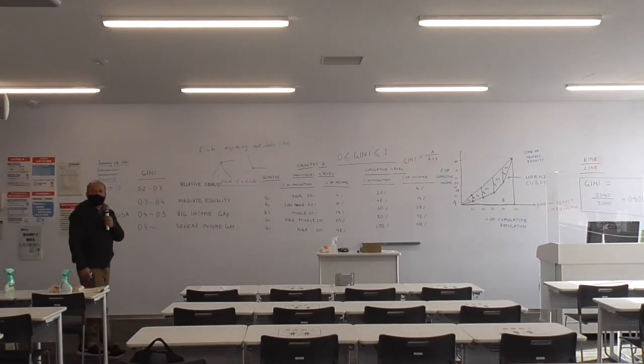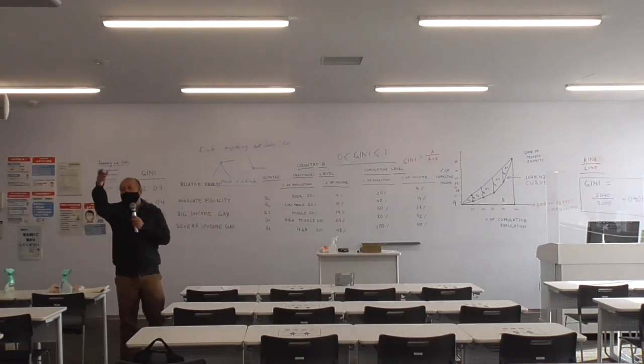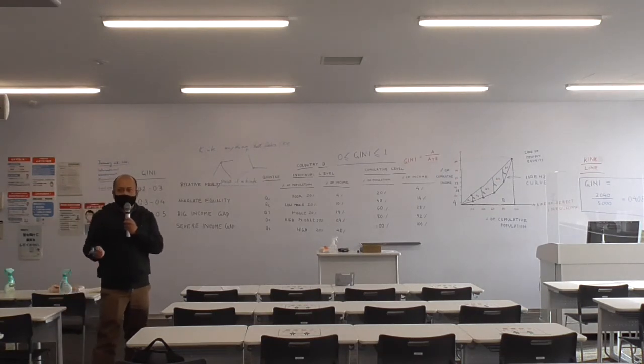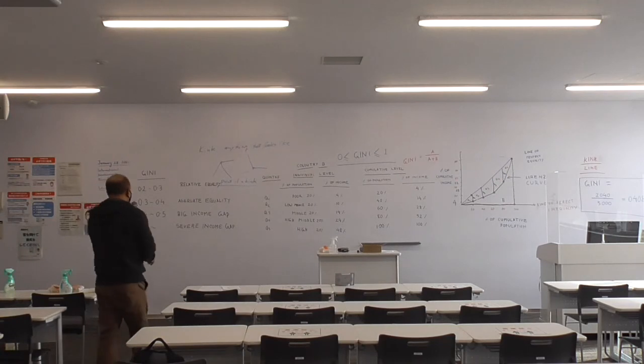And the person in the last row, can you tell me the Gini coefficient of China? Searching on the mobile phone is fine.